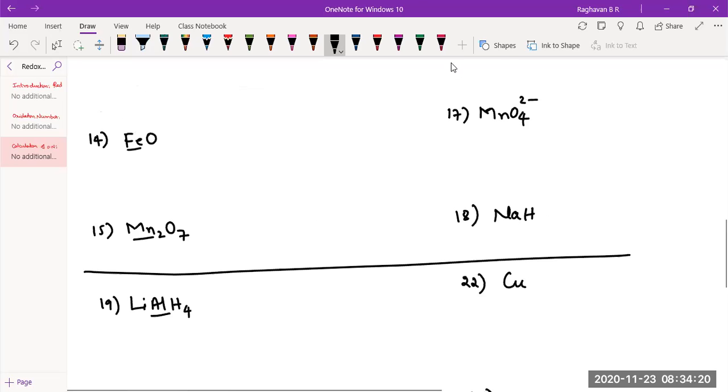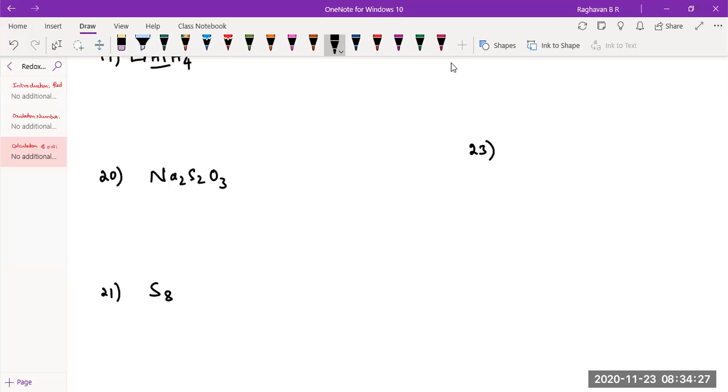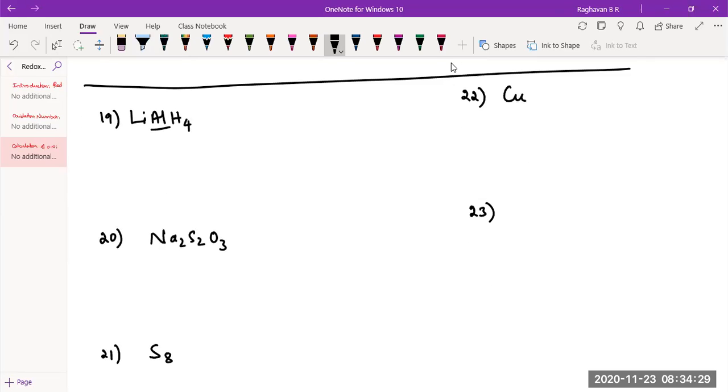And wherever I have not given underline, for both you have to write the oxidation state. For 18, both you have to write. So for copper also we have to write both.